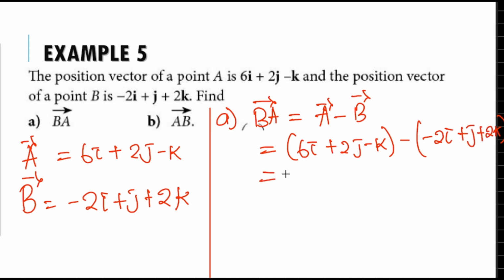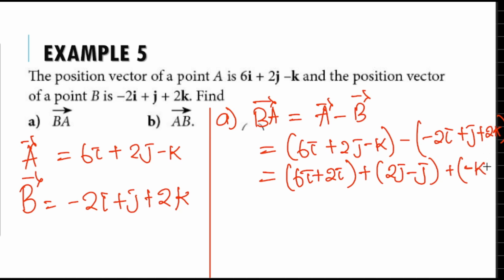So subtracting that, we have 6i, minus times minus is plus, so 8i, plus 2j, this is minus j, so plus j, plus minus k minus 2k, and that will be equal to 8i plus j minus 3k, okay?